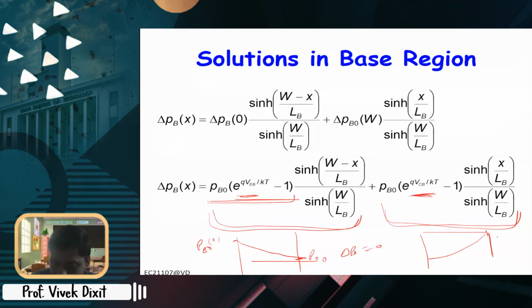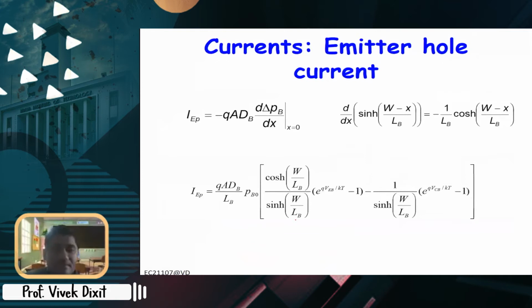So this will be PB naught exponential QVCB by KT, and this will be PB naught only. And based on this slope, you can get the expression for IEP and ICP.